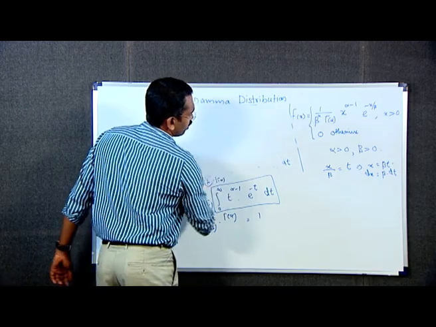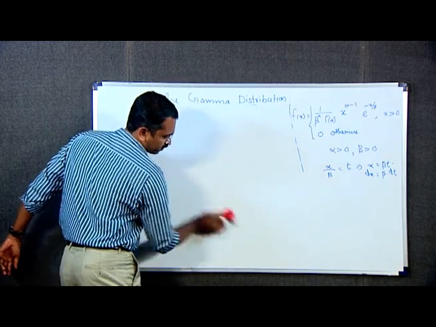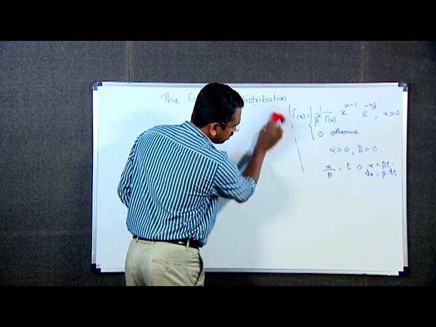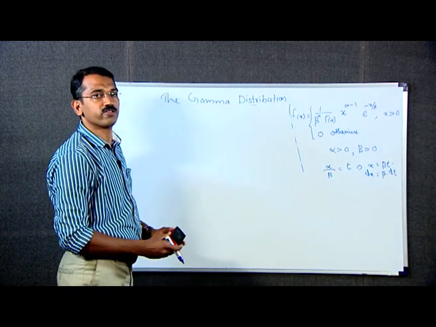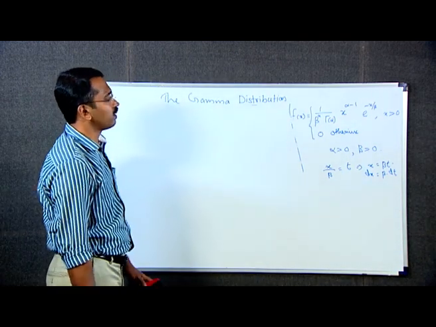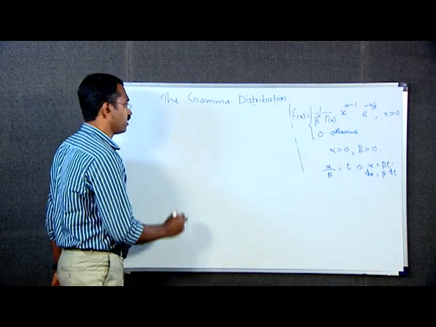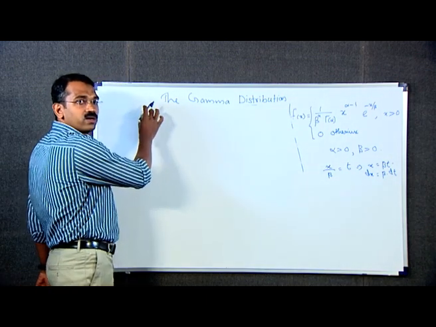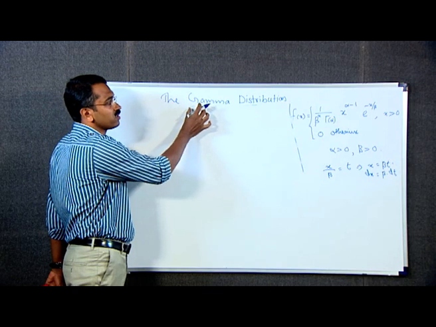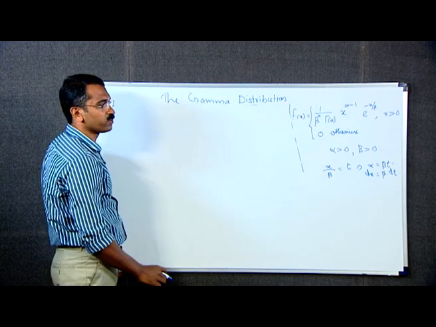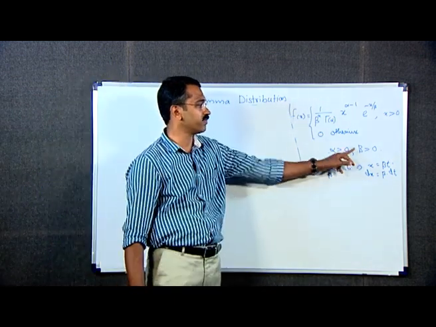Now, we have to find the expectation or the arithmetic mean of the gamma distribution. Consider a continuous random variable having the gamma distribution with parameters alpha and beta.